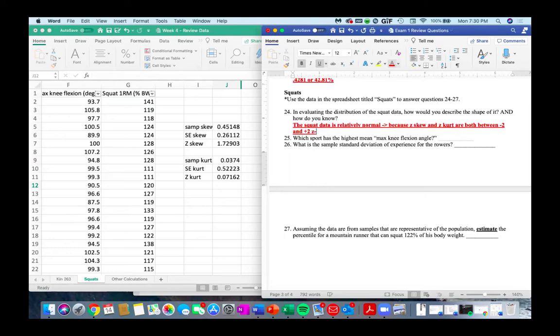You could say z-scores or standard deviations, either one is correct. You could also say it's in our acceptable range between -2 and 2.